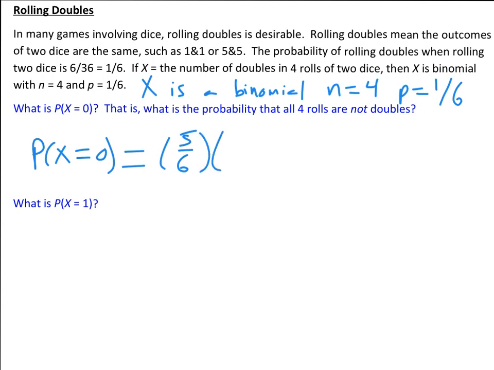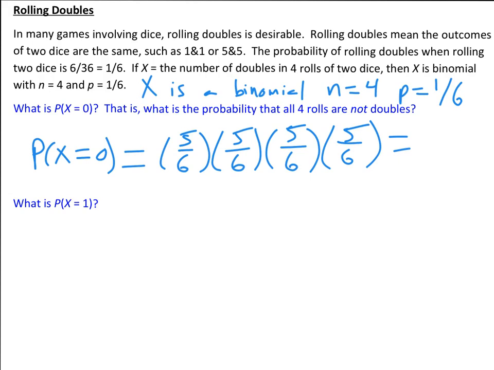No doubles. This is when we wouldn't have to think about it like a binomial. If you just use the idea of a complement, you could go through and just take 5 over 6, and given we have independence, we'd raise it to the 4th power and be like, all right, 0.428. Okay?